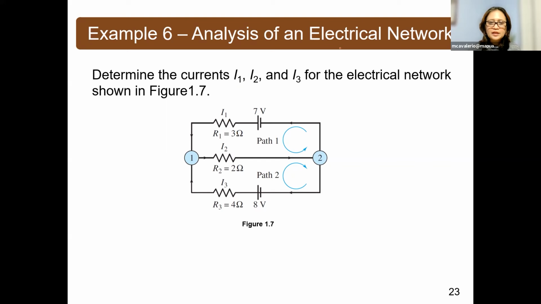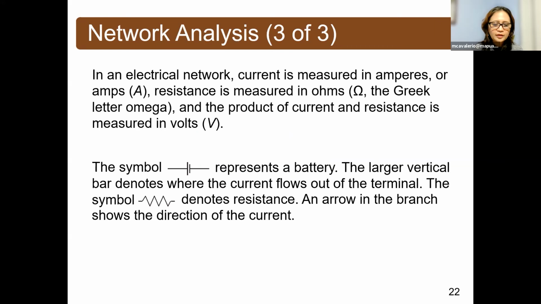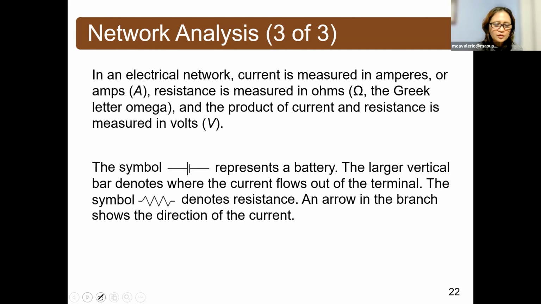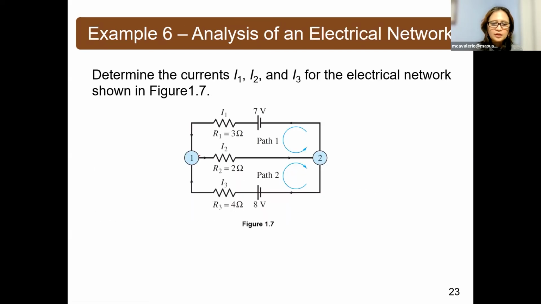So the first thing that we need to do is to come up with the conservation of the current. According to rule number 1, all the current that is flowing into a junction must flow out of it. If we take a look at this figure, we have, say, junction 1.